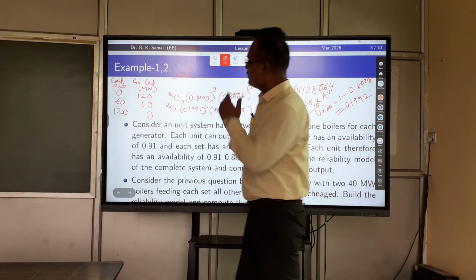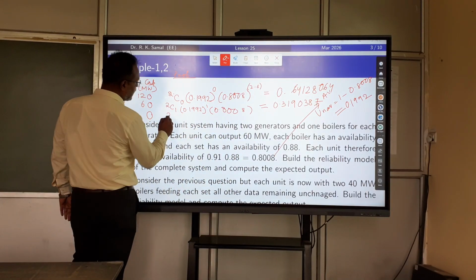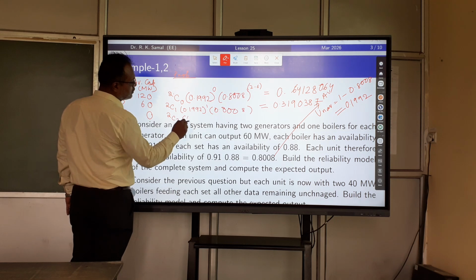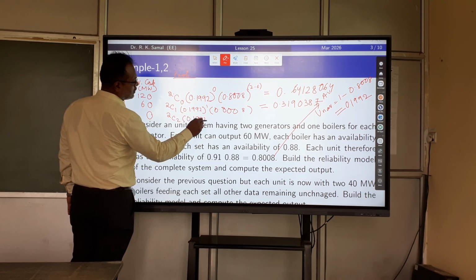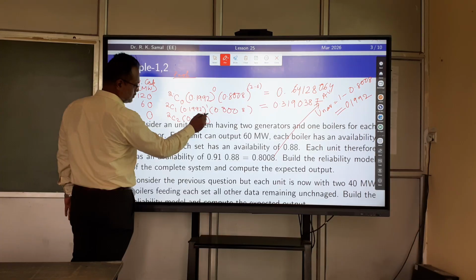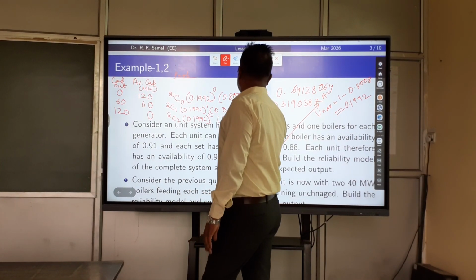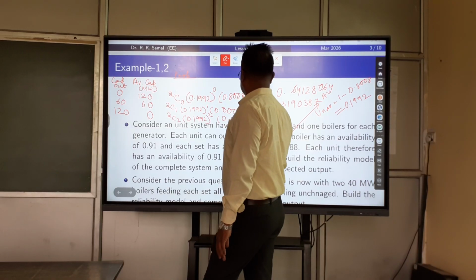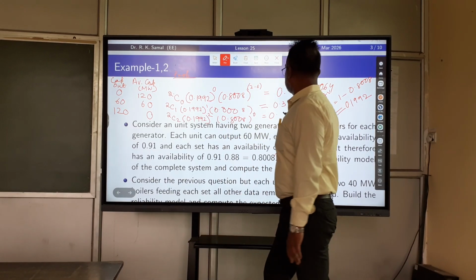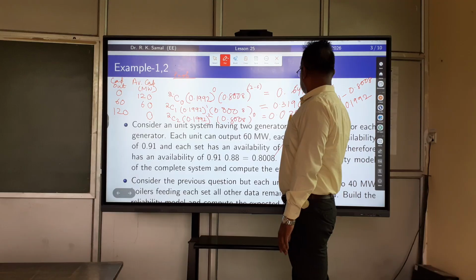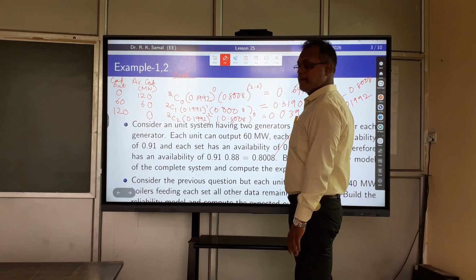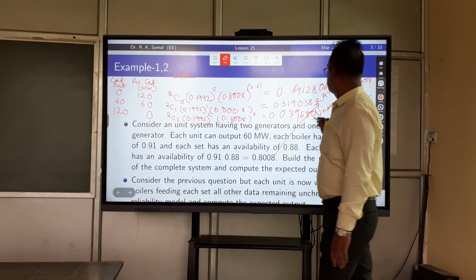Now what about the capacity of 0, that means both are out, 2C2 and 0.1992 square, which is 0.039.